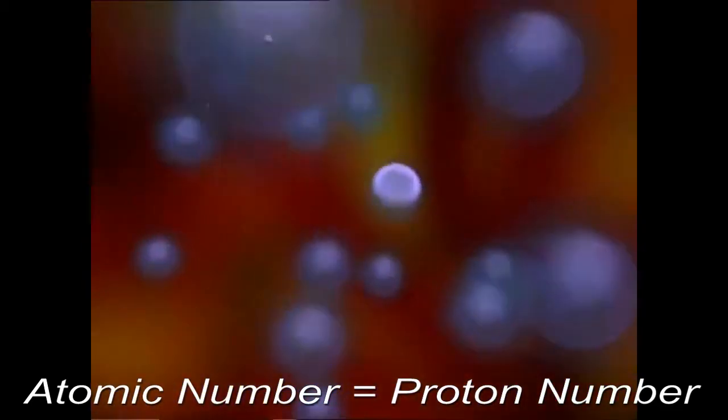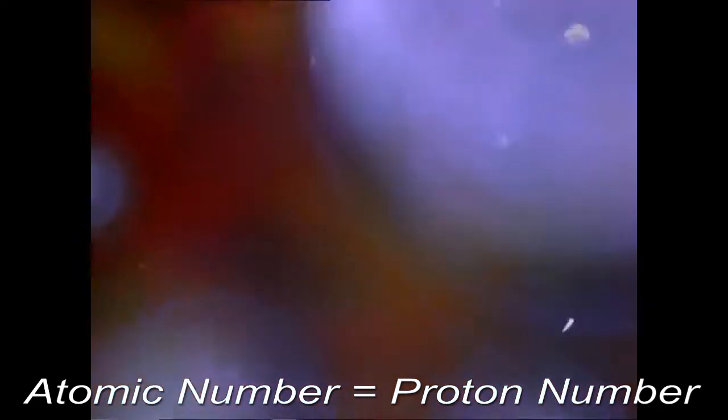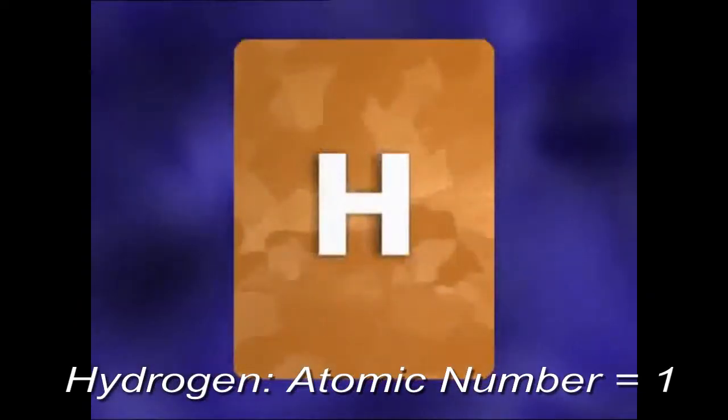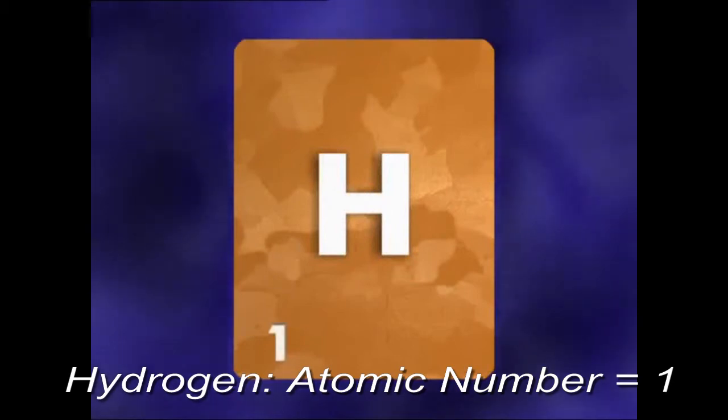Every hydrogen atom is the same. The atomic number is simply the number of protons in the nucleus. A hydrogen atom has one proton, so hydrogen's atomic number is 1. Atomic number is usually written to the bottom left of the element symbol.